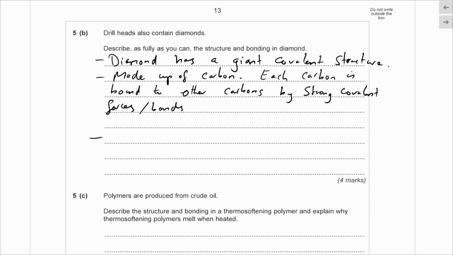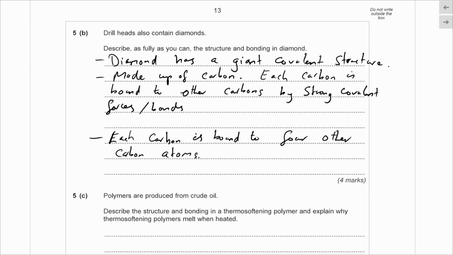Alright, and now I'm finally going to say that each carbon is bound to 4 other carbon atoms. Alright, and so that's more than enough for all the marks there.